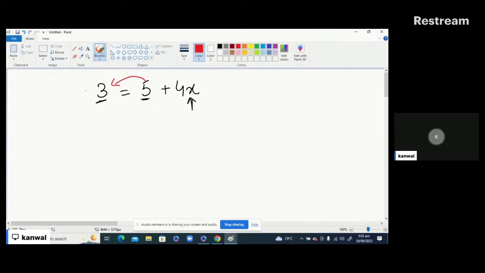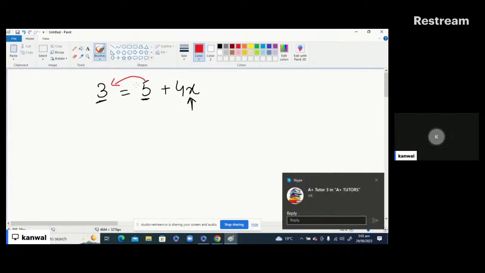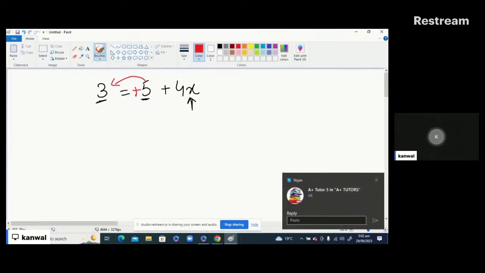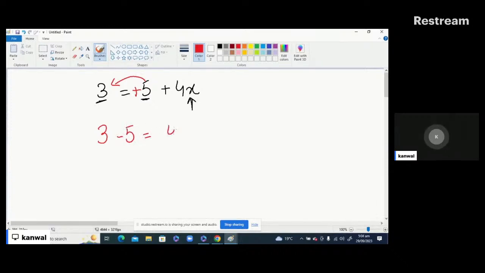Okay, so now I'm going to just put this 5 from this side to this side. In that side, this is a plus sign. When we move it from the left side, the signs are changed. Okay, it becomes 3, and then here it becomes minus 5, then is equals to 4x as it is.